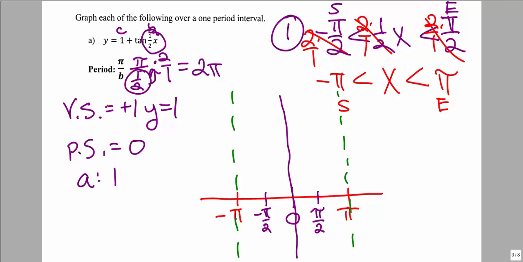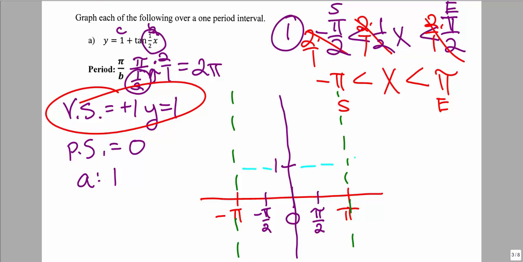First, let's put in our vertical shift, because we said we had a vertical shift, and that is at a y value of 1. So the middle of my graph now is right here at this y value of 1. This is the new middle.